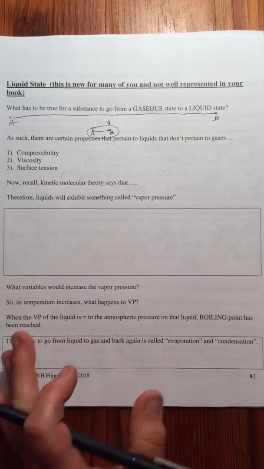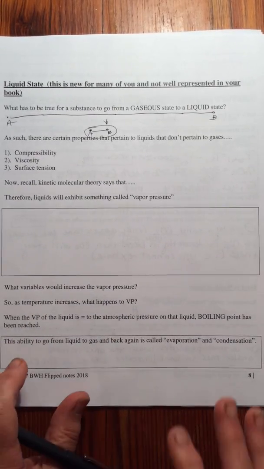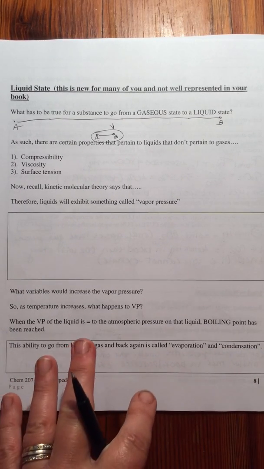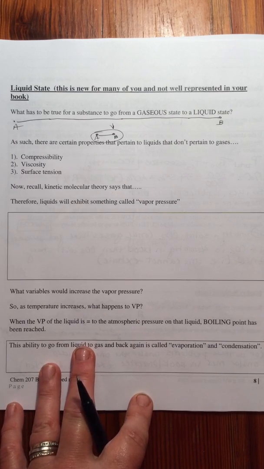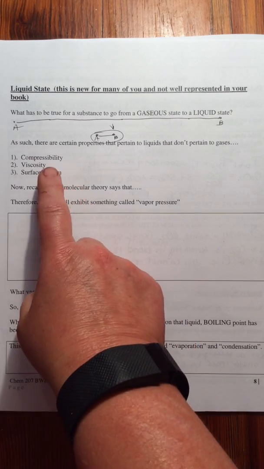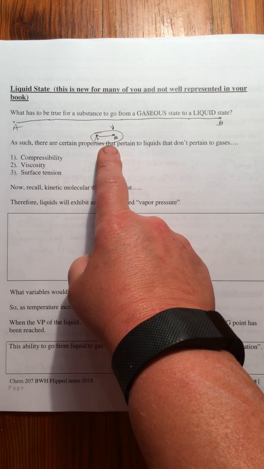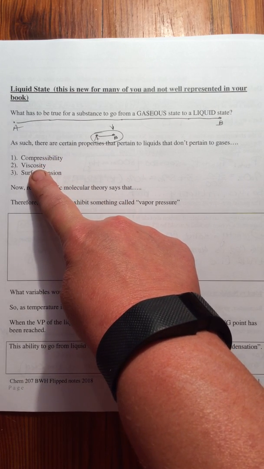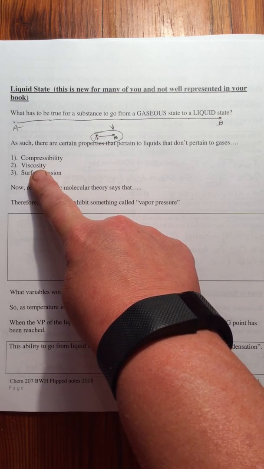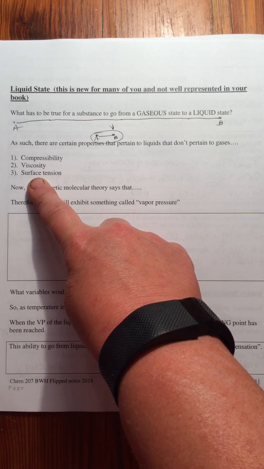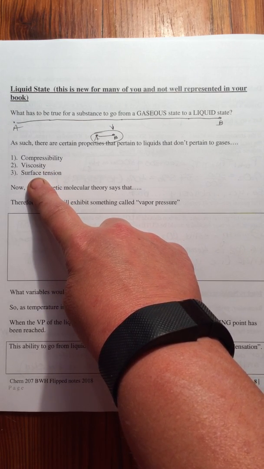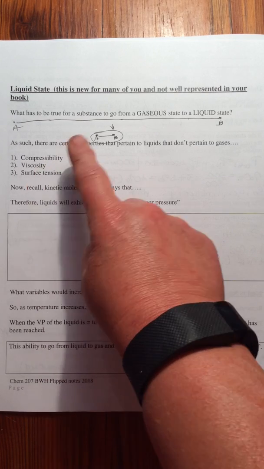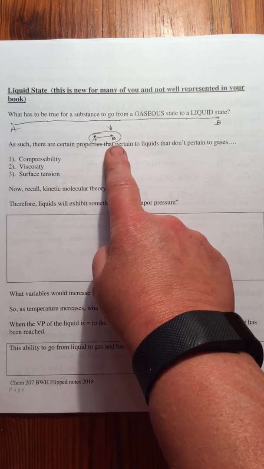If they don't stay there, they can't become a liquid. Okay? And so there are some things that pertain to liquids that don't pertain to gases. And that is compressibility. You can't really compress this, okay, because those are already smushed together. Viscosity means resistance to flow, and so usually liquids are viscous. Surface tension means the tension at the surface. Okay, and so many liquids will have a surface tension because the particles are being held together.